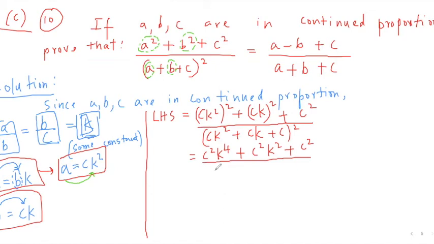So in the denominator, I'm going to factorize out the C squared. So C squared into K squared plus K plus 1, the whole squared.